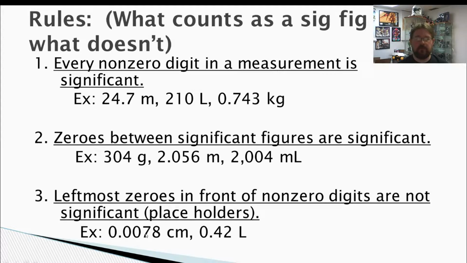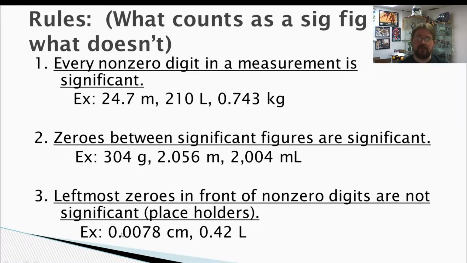Well, the first one. We know from Rule 1, the 7 and the 8 are significant. So right there, there's 2. But what about these zeros here? Are they between significant figures? Doesn't look it. Rule 3, leftmost zeros in front of non-zero digits. These zeros are to the left of the number, and they are in front of non-zero digits.